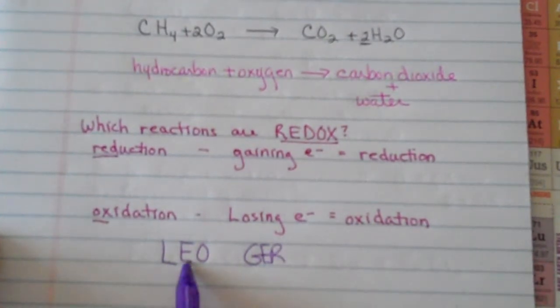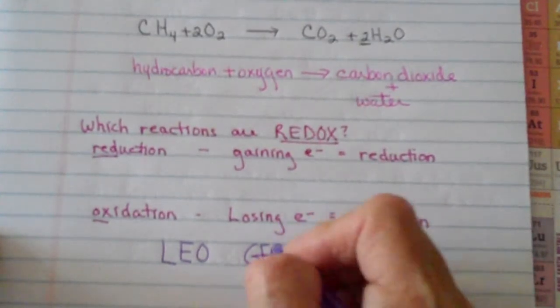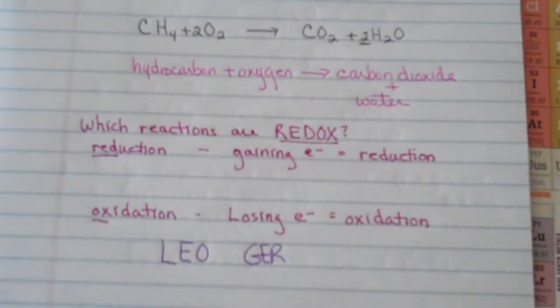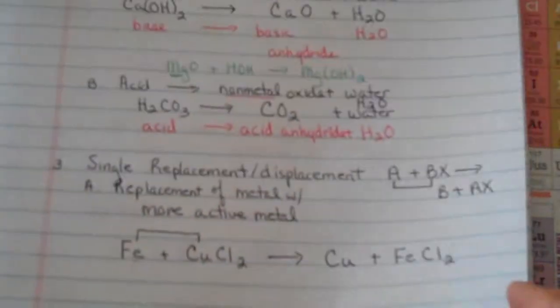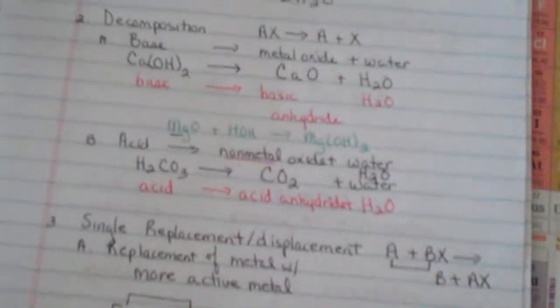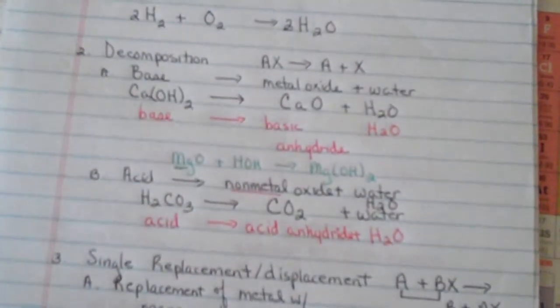Losing electrons, oxidation. Gaining electrons, reduction. It's just a little mnemonic to help you remember which is which. Leo, ger. Losing electrons, oxidation. Gaining electrons, reduction. So, how do you know if a reaction is a redox reaction?